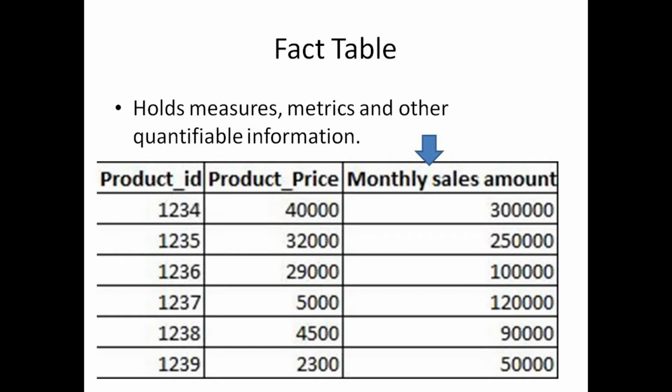So these are all the metrics and measures, right? So most of the tables have data like measures and metrics only. But we need to join these tables, fact tables and dimension tables. It must. Why? Because if we join those two tables, we get the data of product name and monthly sales amount.